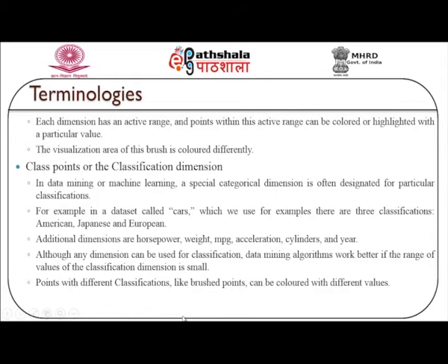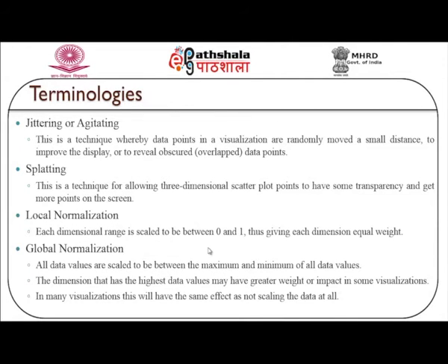Additional dimensions are horsepower, weight, MPG, acceleration, cylinders and year. Although any dimension can be used for classification, data mining algorithms work better if the range of values of the classification dimension is small. Points with different classification, like brushed points, can be colored with different values.